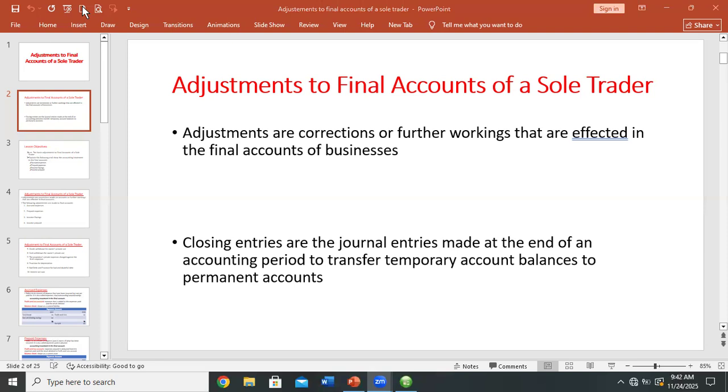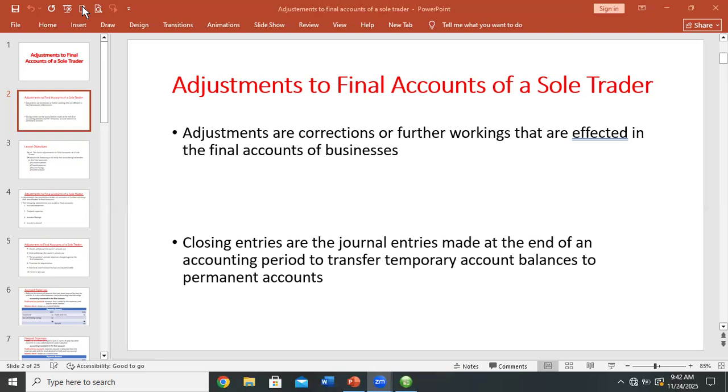When you finish, you summarize them and put them in a trial balance, right? Now this trial balance ends up helping you to prepare your trading account and profit and loss account. In that account, what are you doing? You have just moved all those balances on the temporary accounts into this permanent account. That is the reason why if you pick a sales account, at the end of the year we write it off to the trading account.